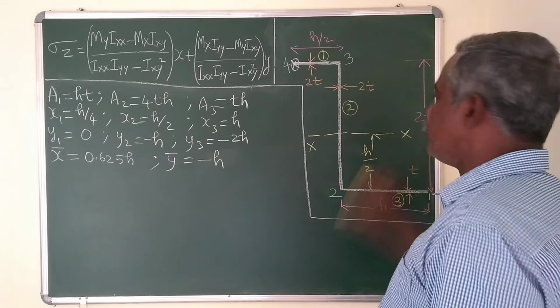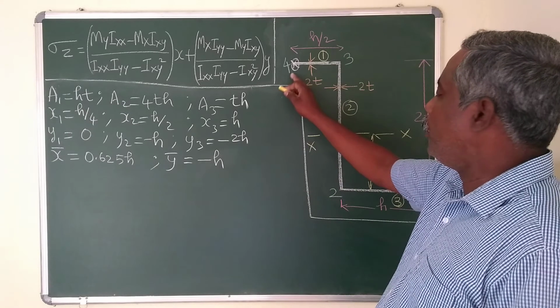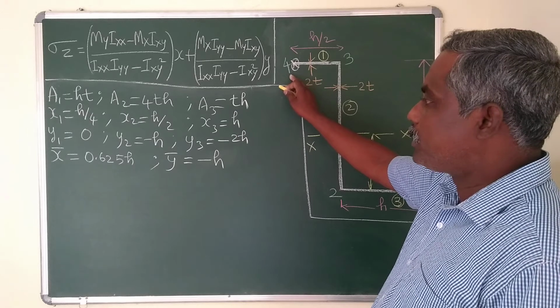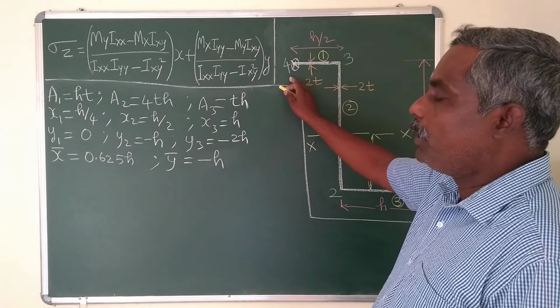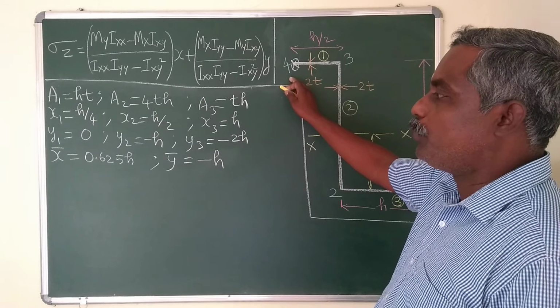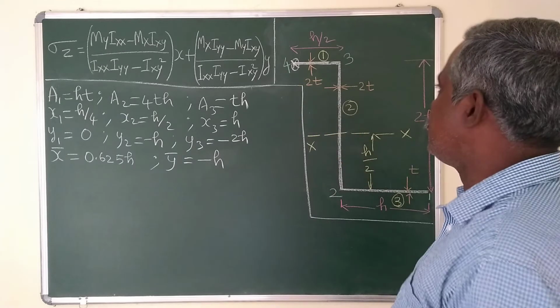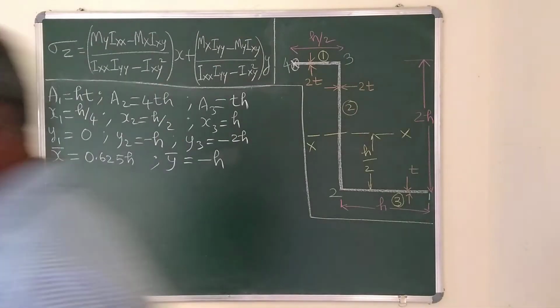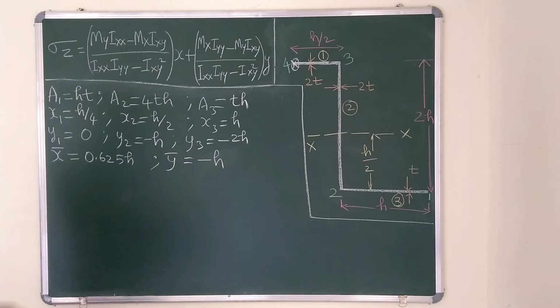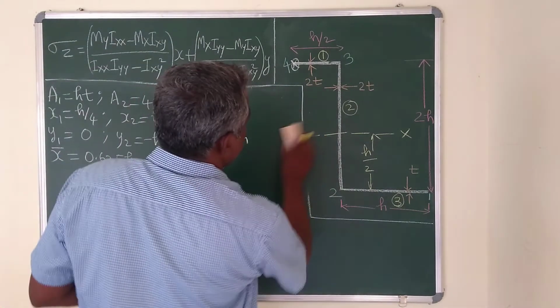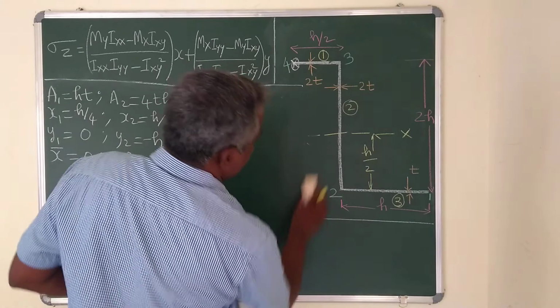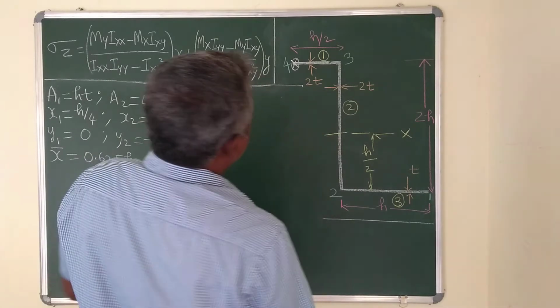And from point 4, at a distance of 0.625h, our y axis is located.